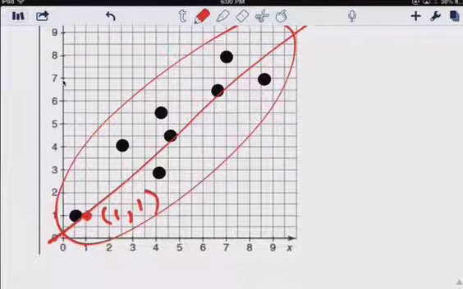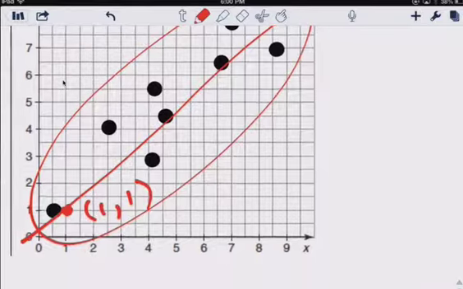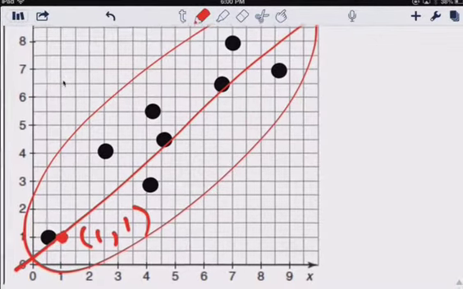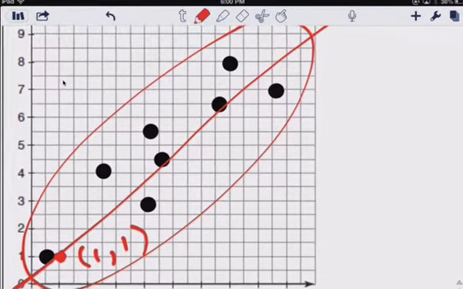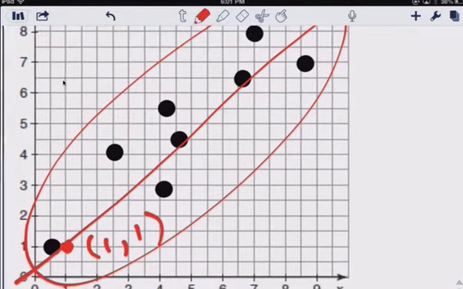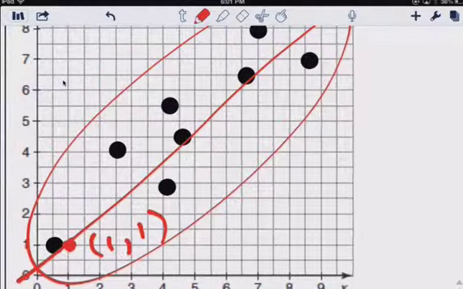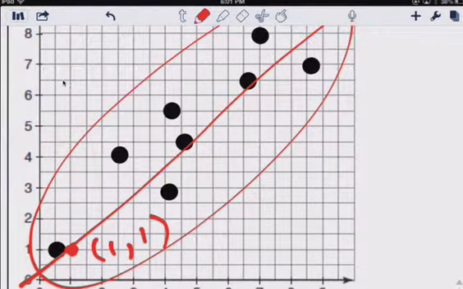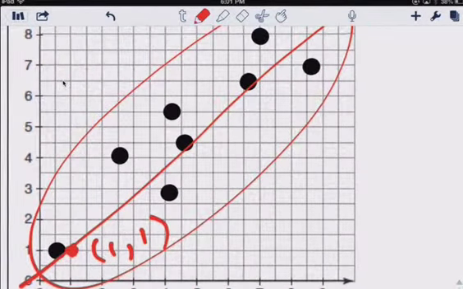Okay, which one is close to it? Aha. Right here, what's that?